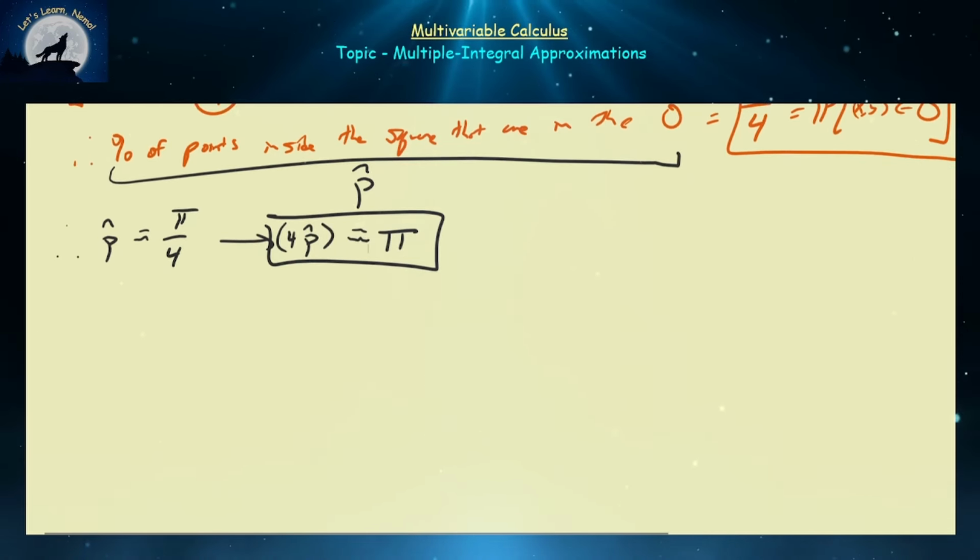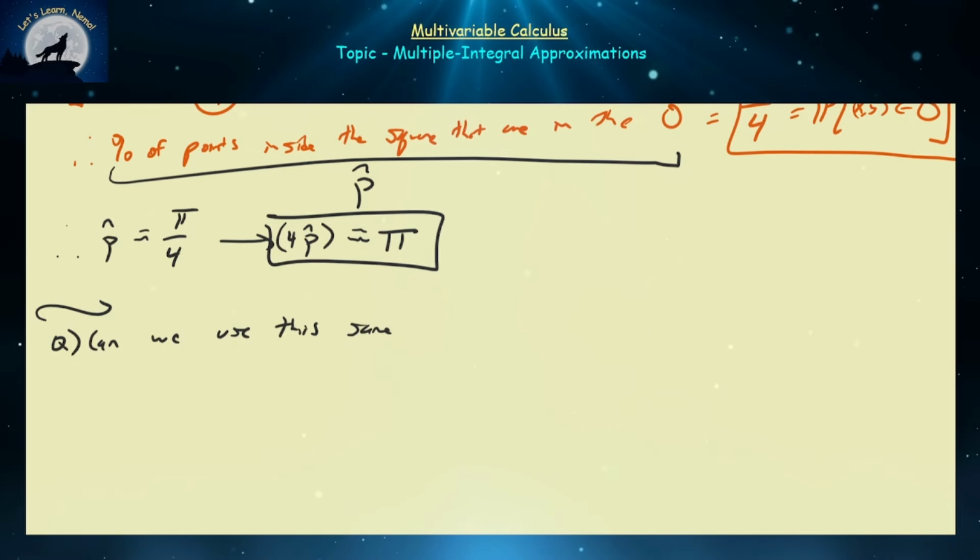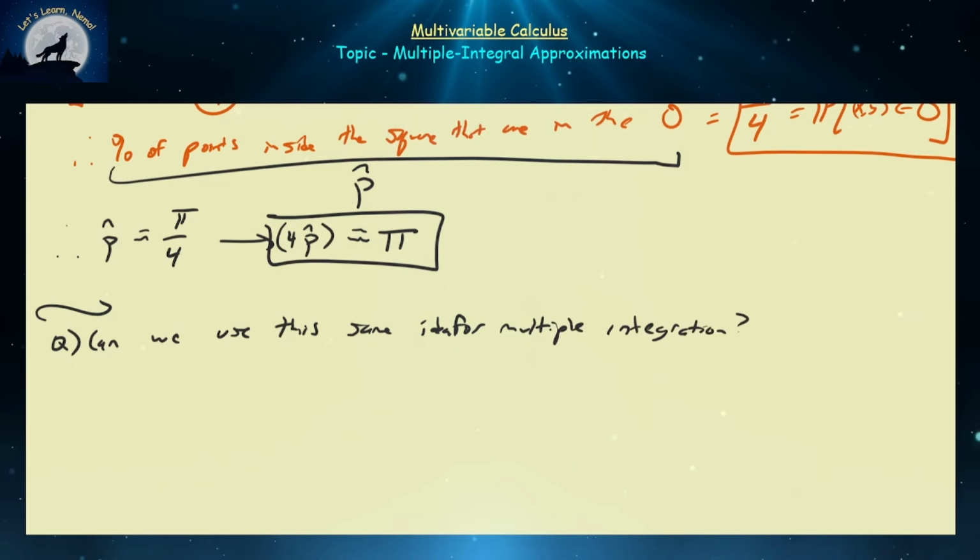Our goal is to approximate integrals in higher domains. So the natural question is, can we use this same idea for multiple integration? And the answer is, take a guess, of course, yes.